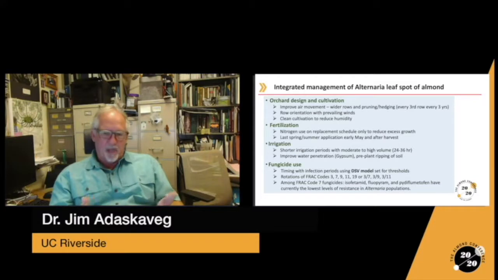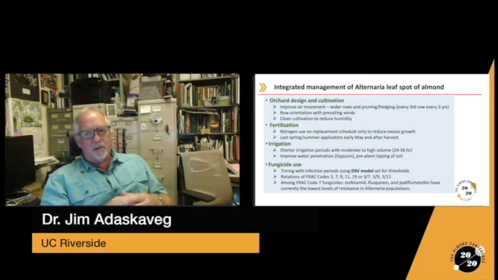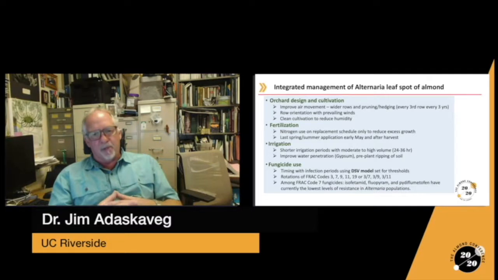So we've identified isofetamid, fluopyram, and pydiflumetofen as having the lowest potential for resistance within that group. If we put all these things together, we should have very highly effective Alternaria leaf spot control using minimal amounts of fungicides, which results in a minimal input cost and a maximum of yield and potential financial benefits from growing almonds.